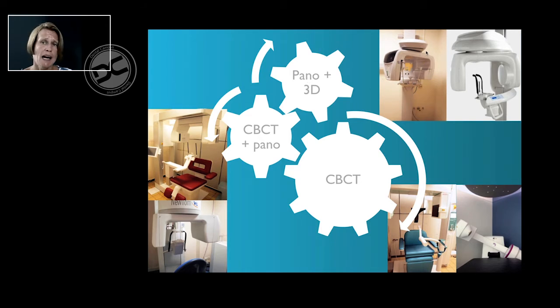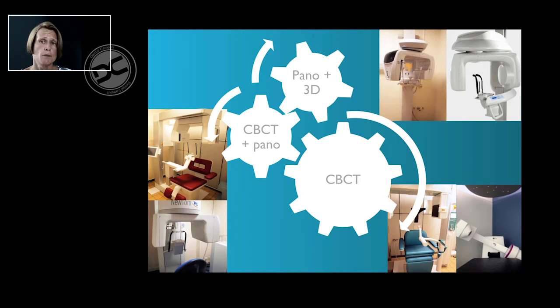Secondly is the group of the hybrid machines, where you have the cone beam next to a panoramic machine. And a third and most expensive option is to buy dedicated cone beam CT machines who can only take 3D image scans.